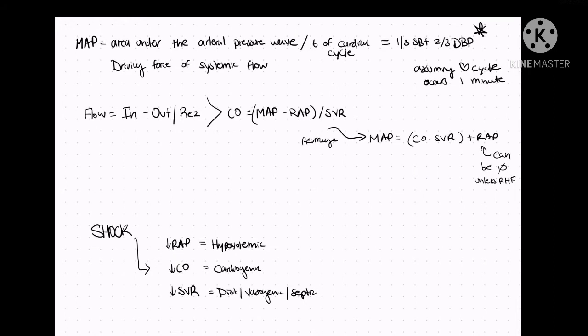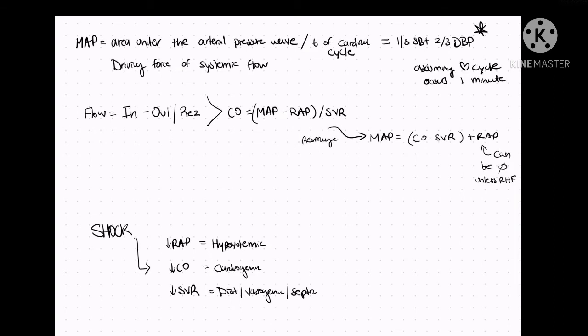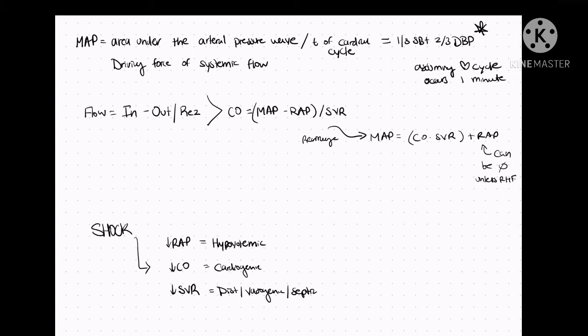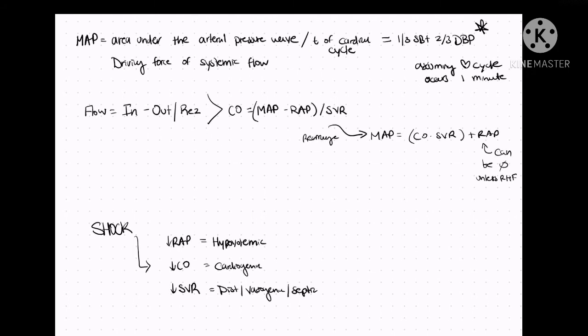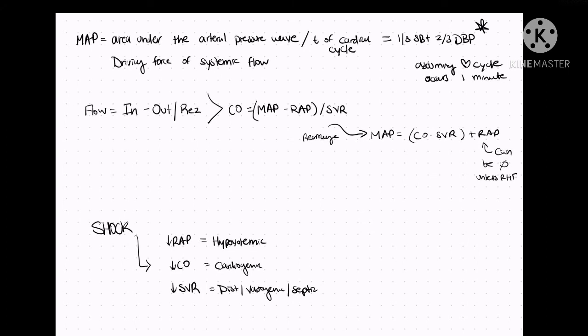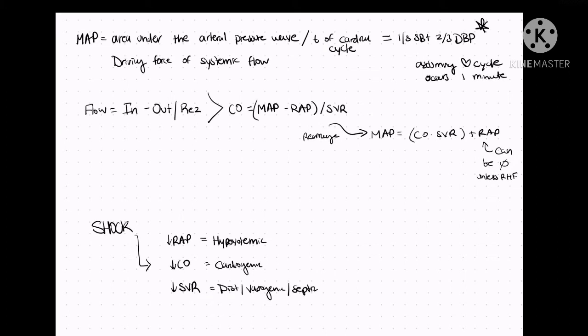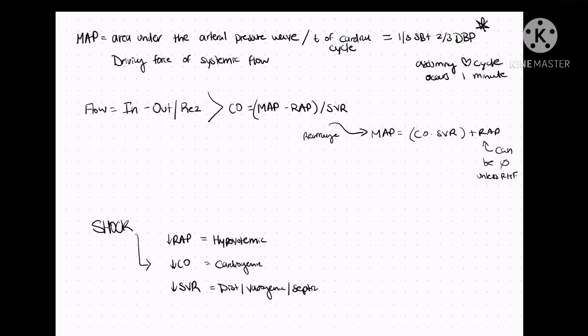So going back to a little bit of physics, the flow of a stream of blood or anything is equal to the pressure that's coming in minus the pressure that it leaves, divided by the resistance. If we exchange these variables for cardiovascular variables, we're going to get cardiac output, which is synonymous to the flow, is equal to the mean arterial pressure, the pressure coming into the circulatory system, minus the right atrial pressure, the pressure leaving the circulatory system, divided by the SVR, the resistance.